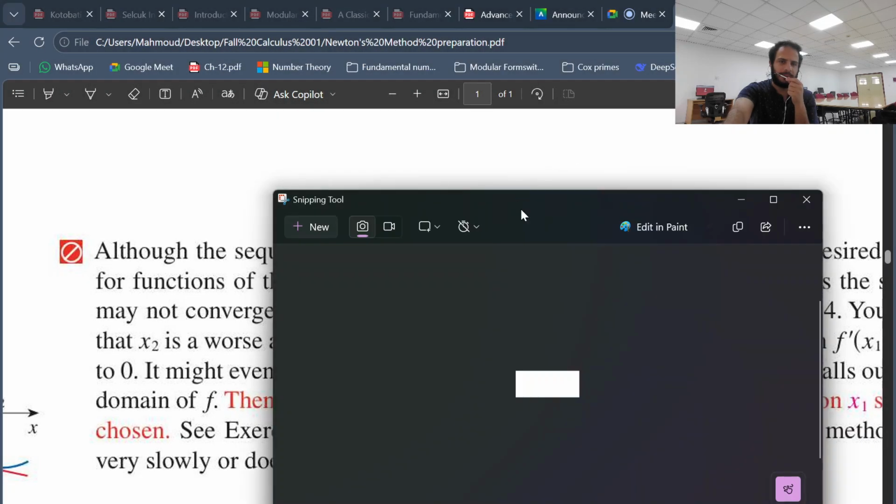For example, if you have f prime x1, for example, equals 0.01, then 1 over f prime x1 equals what? Equals 100, right? So this is a problem, right?